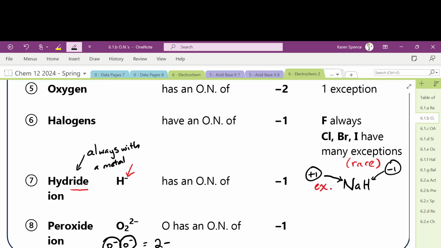So each oxygen, though, is -1. Yes? Can you think of a peroxide compound? You've probably heard of one. Hydrogen peroxide. Sold at your local drugstore.